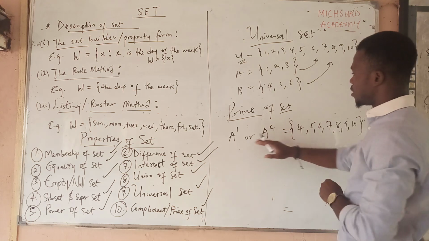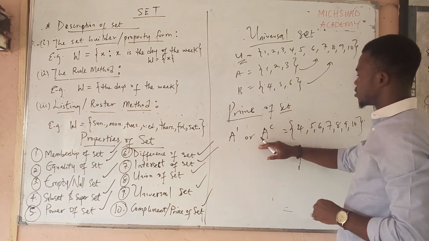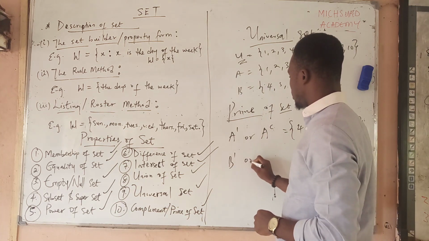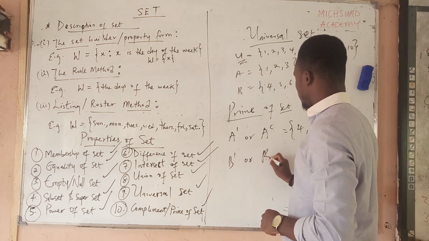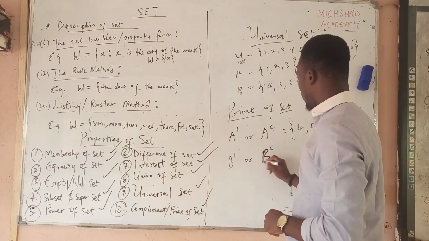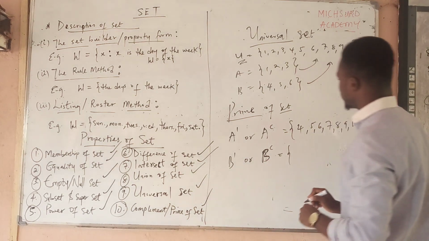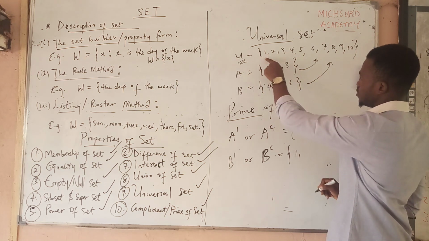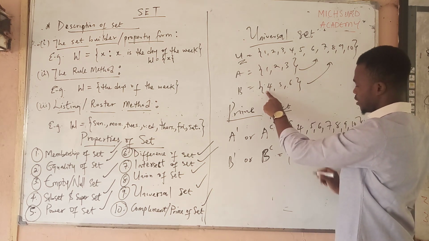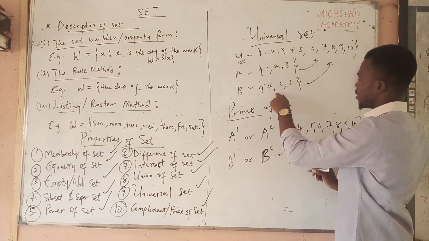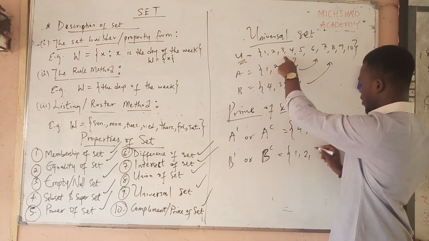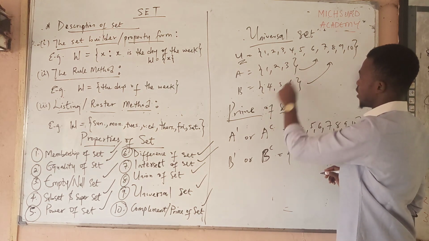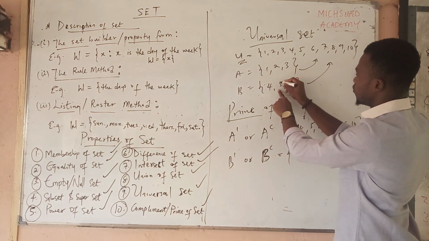So we call this the complement or the prime of A. Then of course for B, we have the prime of B, or you can say the complement of B. So we write that here we have 1 is in the universal set but is not in B, so we pick 1. 2 is here and is not here. 3 is in the universal set and is not in B. Then we have 4, 4 is also here, 5 is here, and 5 is also here.